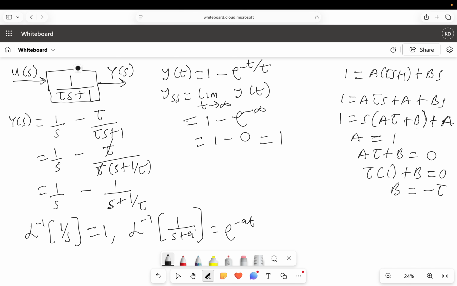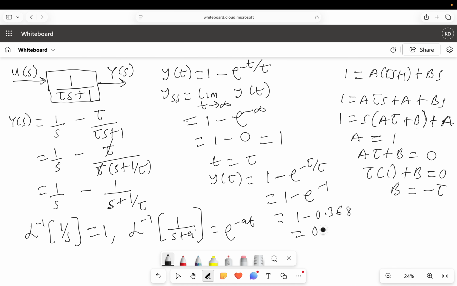Also, for a general first order system, we know that tau is the time constant. To find the definition of the time constant, we just use t equal to tau. Substituting it here, I will have y(tau) is just 1 minus exponential of minus tau over tau, which is 1 minus exponential of minus 1, which is 1 minus 0.368, which is just 0.632.